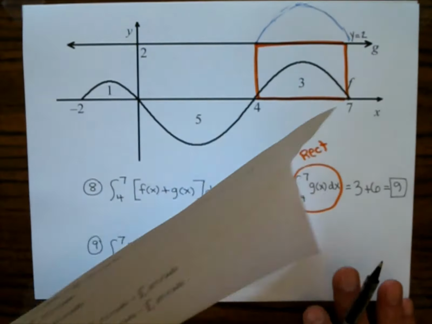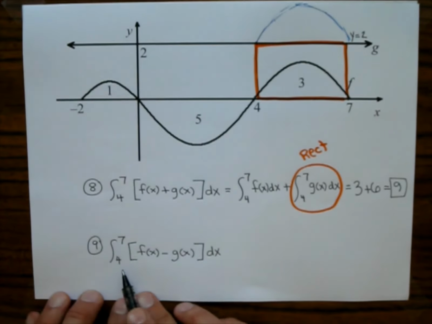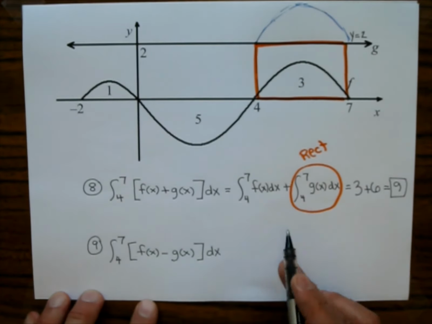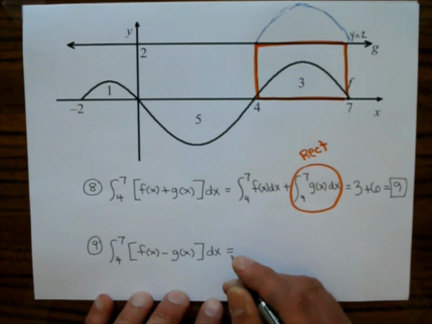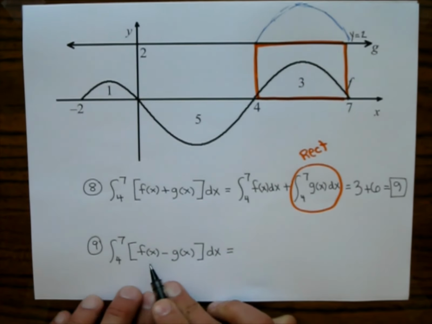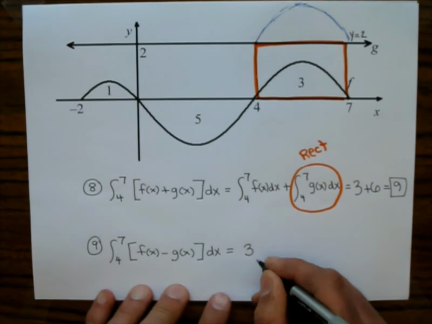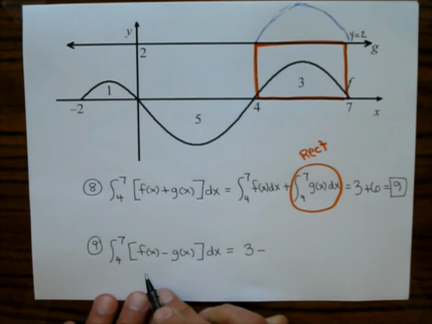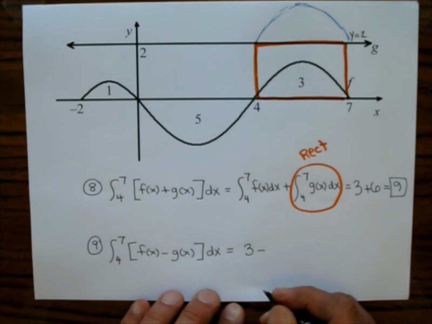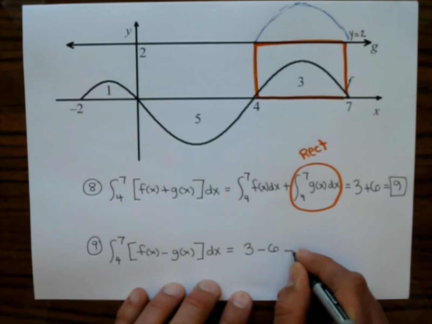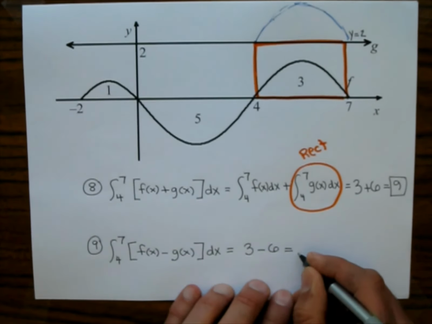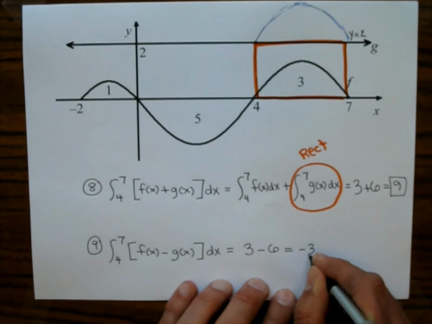And that's what we're going to do on our next example. So look at this right here. We can write out that step, or you might not want to because you know what you're going to do. You're going to go 3 minus, and the definite integral of g is 6. We already talked about that. And this gives you -3 for your answer.